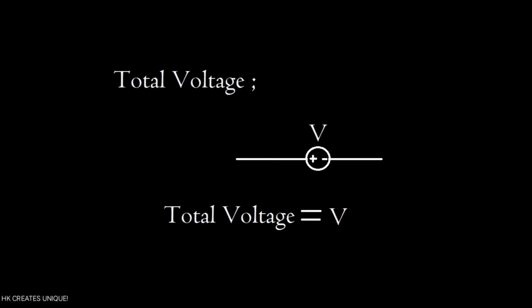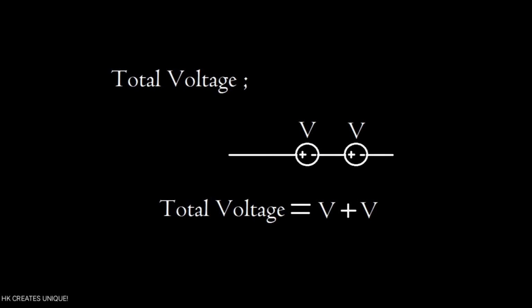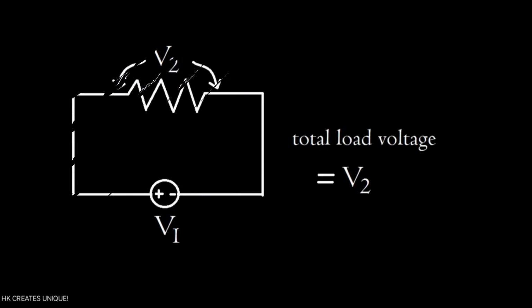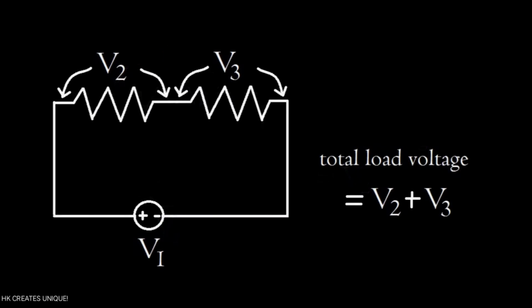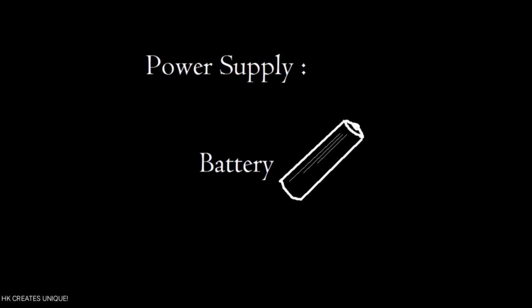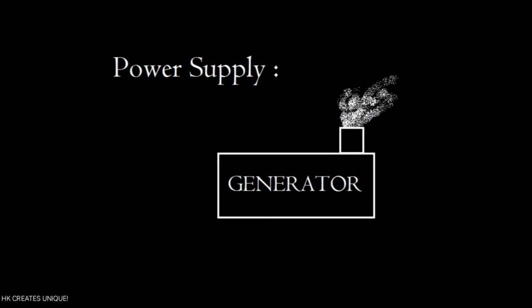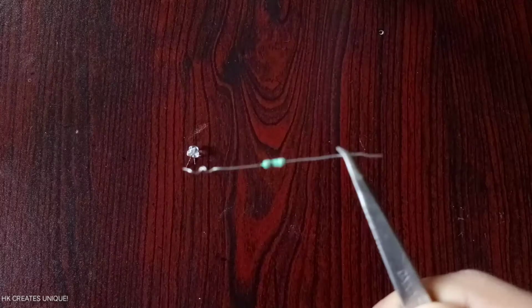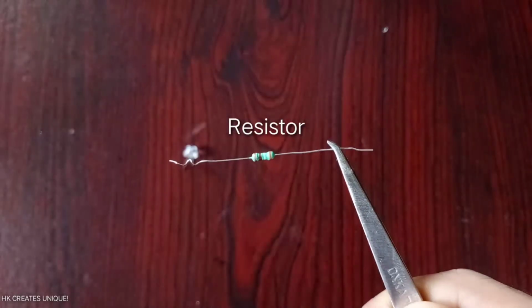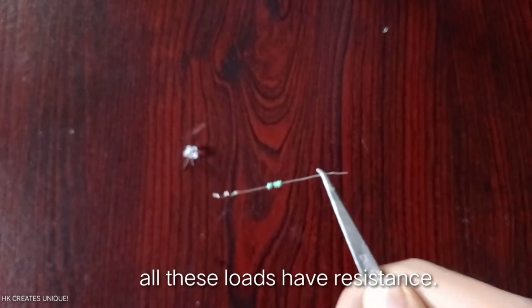In a closed loop, total power supply voltage means the sum of voltages across power supplies, and total load voltage means the sum of voltages across loads present in the loop. Power supplies can be a battery, a generator, etc. And load can be an LED, a resistor, etc. All these loads have resistance.